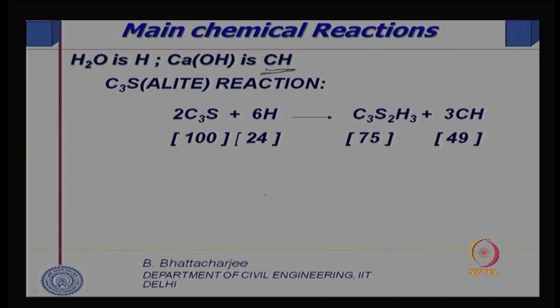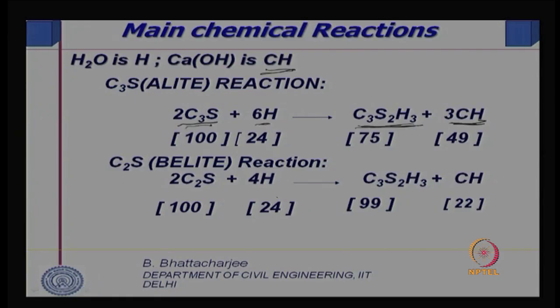So, 2 C3S reacts with 6 water, this is the typical reaction forming calcium silicate hydrate, the water goes into the calcium silicate structure, and calcium hydroxide. So, it produces calcium hydroxide and the calcium silicate hydrate.